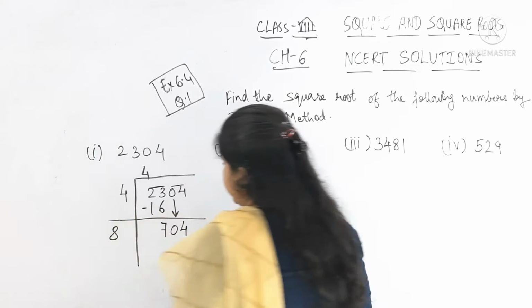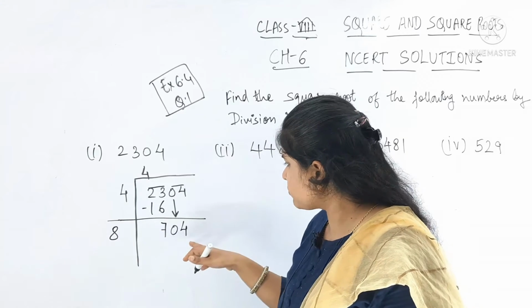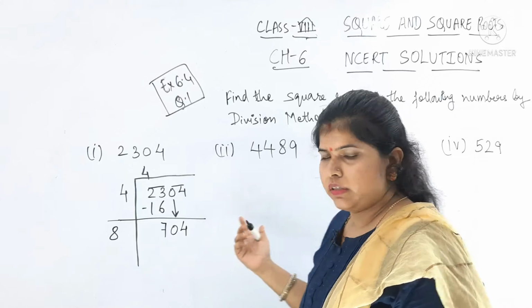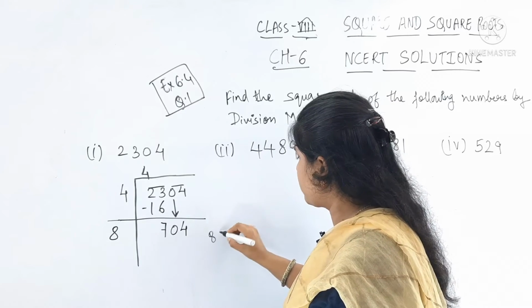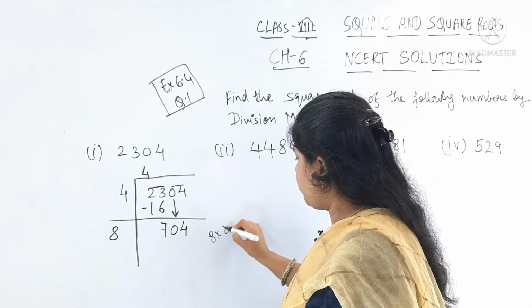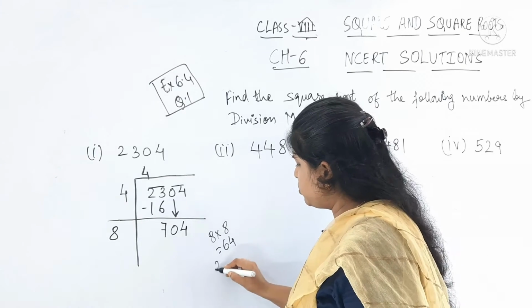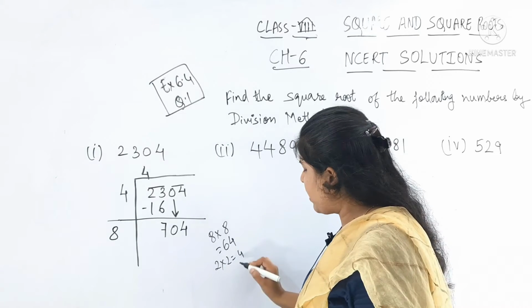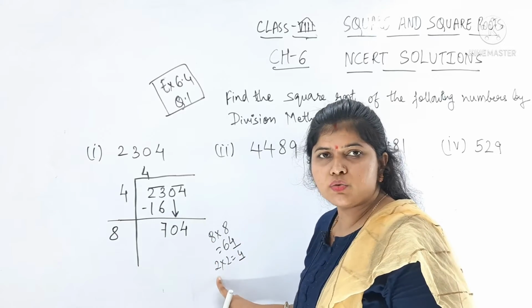Now you have to see in which square you have 4 in the units place. We know 8 into 8 is 64 and 2 into 2 is 4. So we have 4 in the units place in both 8 square and 2 square.